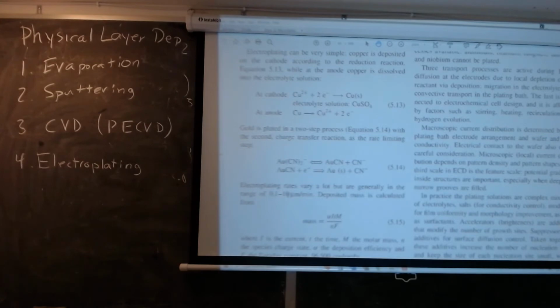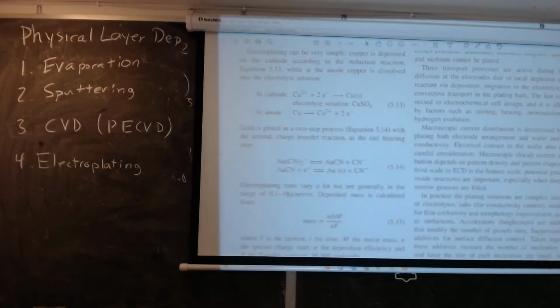We didn't really go over, and I think in the video he went over evaporation deposition rates, and they tend to be on the order of 10 angstroms per second or so. 10 angstroms per second would be 600 angstroms per minute, and so that would be 0.06 microns per minute.